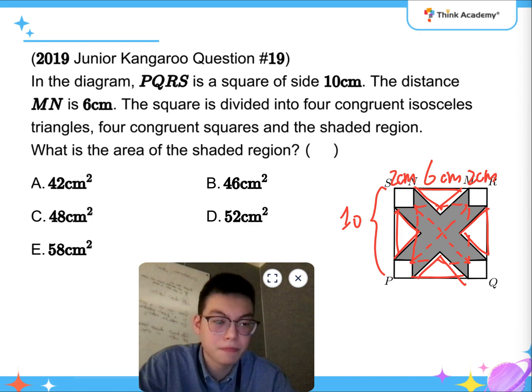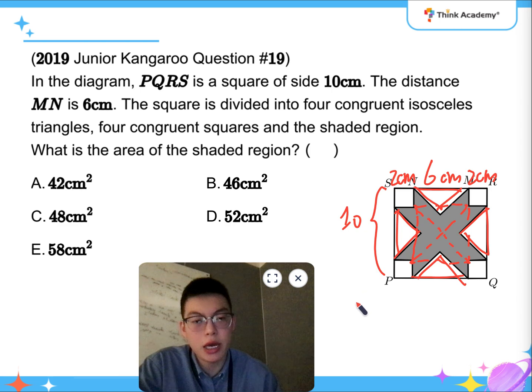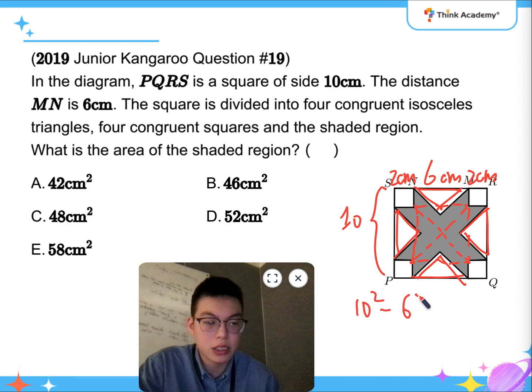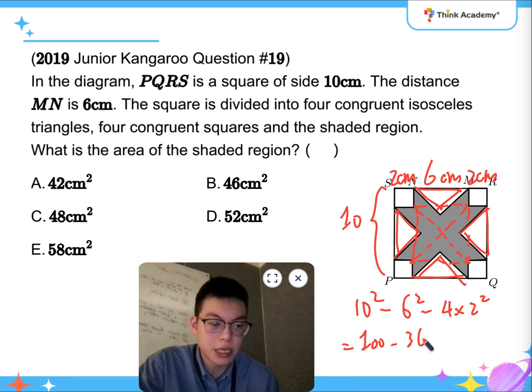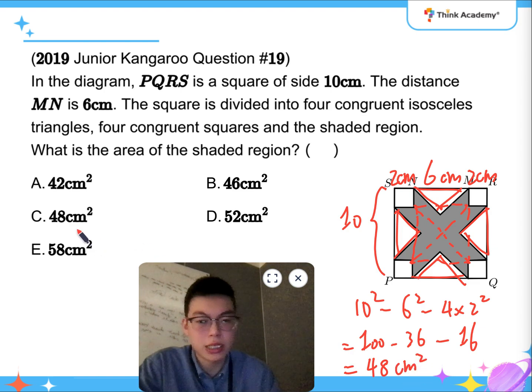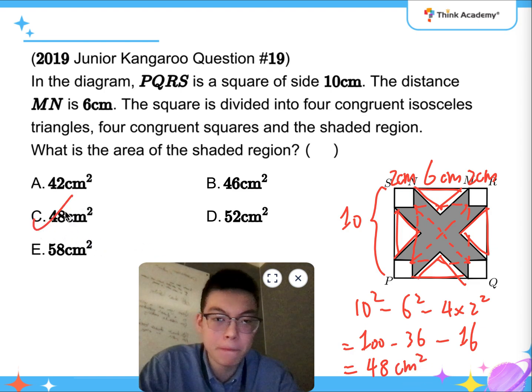Right? So it means that I am just doing 10 squared, take away 6 squared, take away 4 times 2 squared, which is 100, removing 36, removing 4 times 4, which is 16. And that is going to be 48 square centimeters.